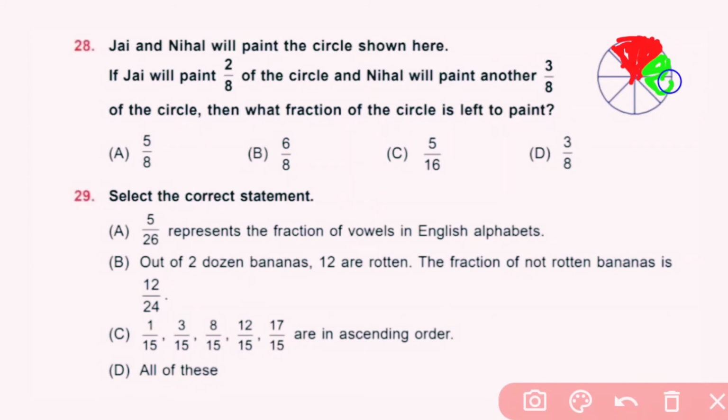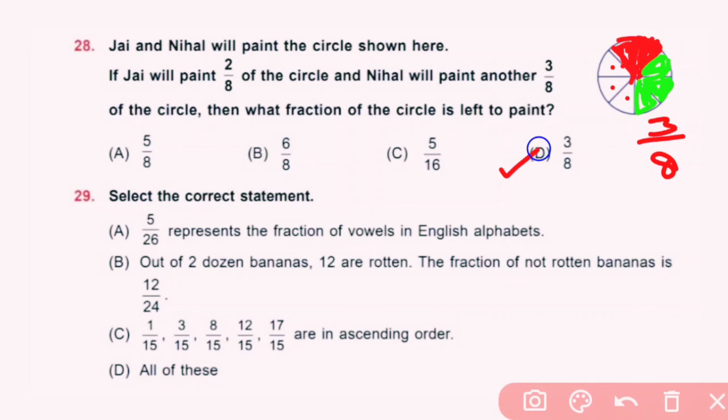So these parts are painted by Nihal. So how much remaining? These 3 parts are remaining. So out of 8, 3 parts are remaining. So the fraction of circle is left to paint is 3/8. D is correct answer.